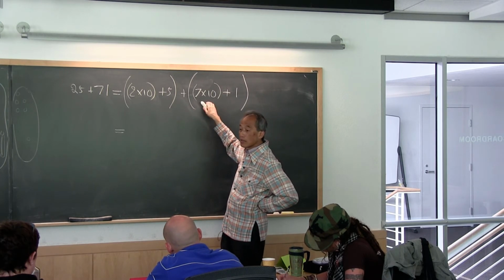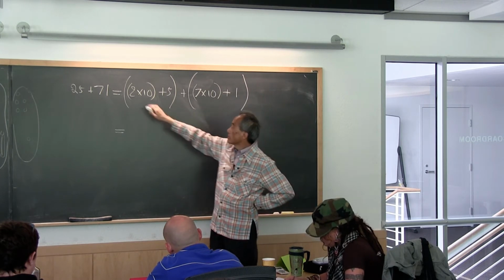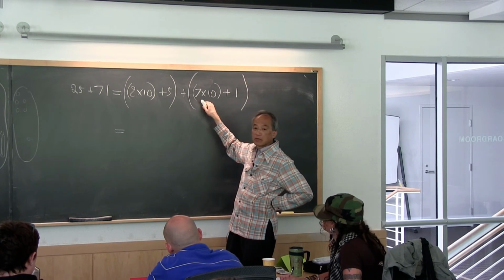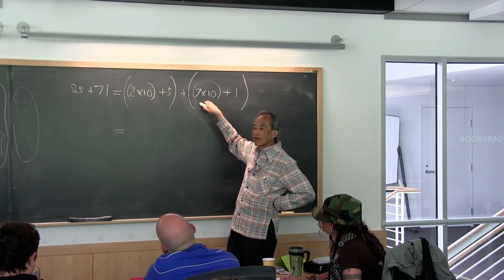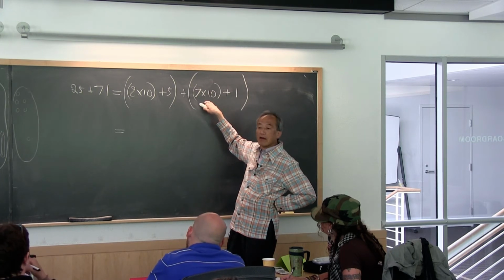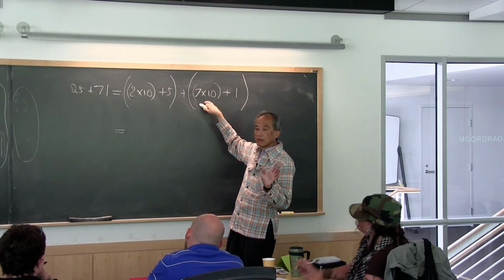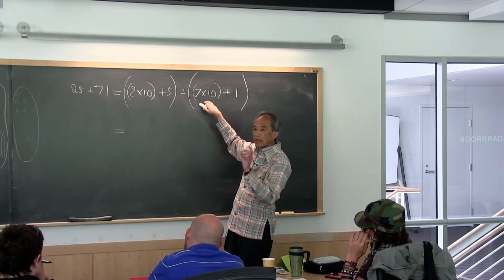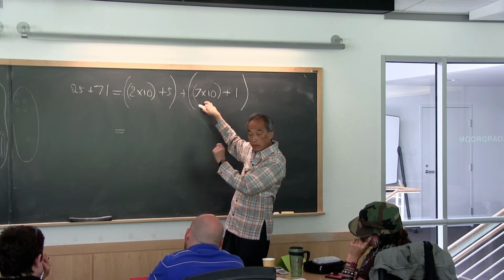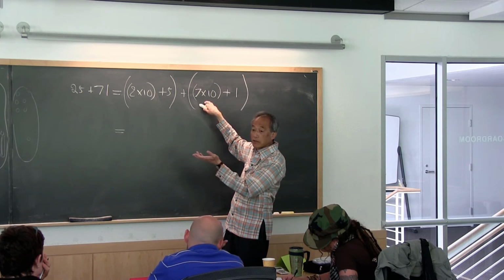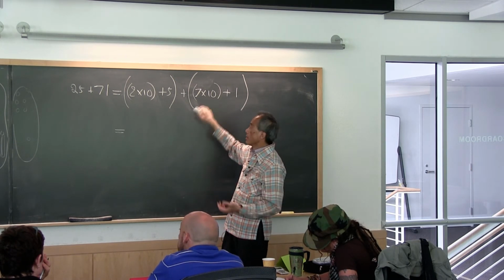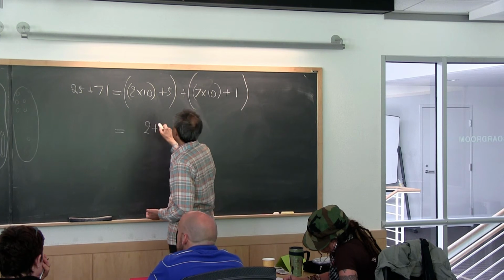I can skip a step, can I not? Because what? When you see this added to this, what comes to mind right away? 9 times 10. Because of what? Distributive law. Right? Now, if it's still not second nature to you, that's okay. But just keep in mind that we'll be doing this all day long. So after a while, you'll be used to it. Right? So this is 2 plus 7.